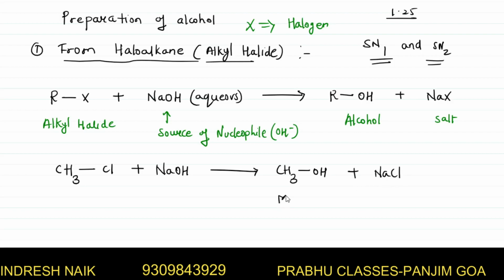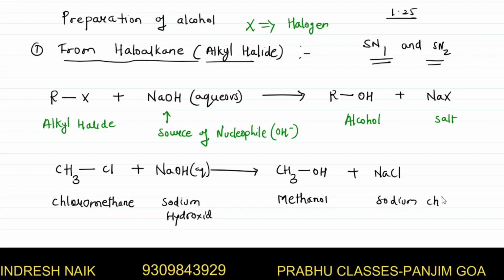This is methanol. This is chloromethane, right? One carbon system. This is sodium hydroxide. Important, you write this aqueous hydroxide. And this is sodium chloride, which is a salt. This was the thing about the reaction.